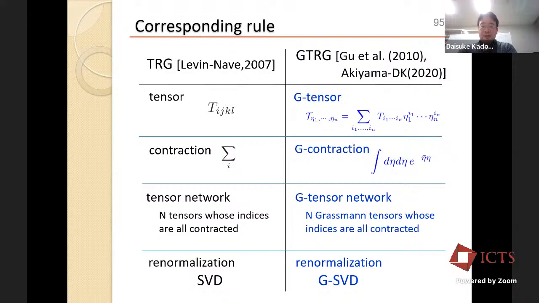On the other hand, in the Grassmann tensor, the hopping terms... Basically, each link has m hopping terms in general.